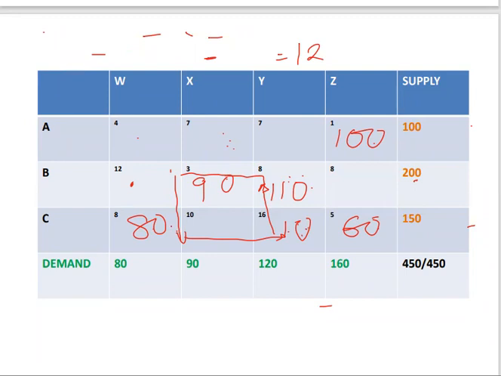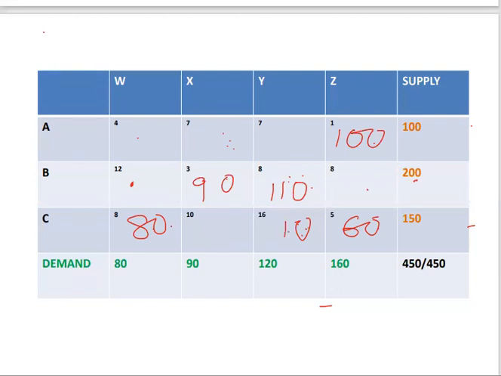Okay, so move up to the next path. BZ. Okay, BZ, yes. Move to CZ. Okay, CZ. We are starting from here.